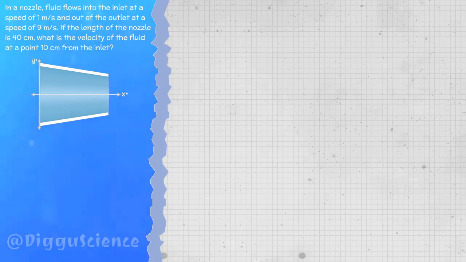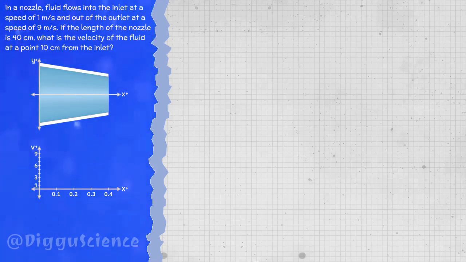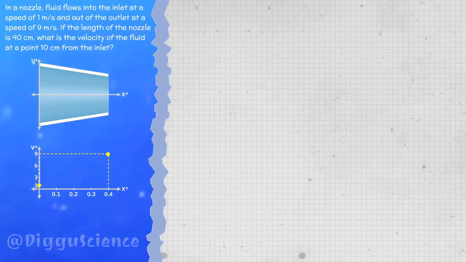Assume that the fluid velocity satisfies the linear equation. We can write the velocity as the vertical axis. Point 1 is a point at the inlet, its coordinates are 0, 1. Point 2 is a point at the outlet, its coordinates are 0.4, 9. Connect these 2 points, a straight line will be formed.